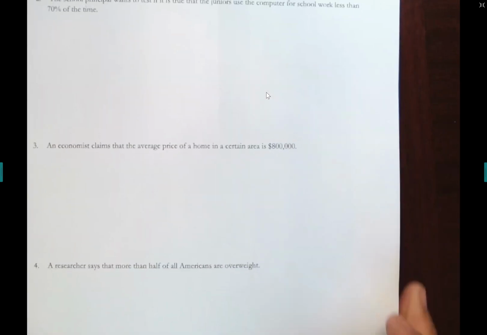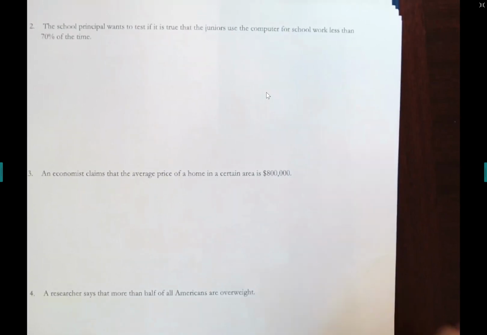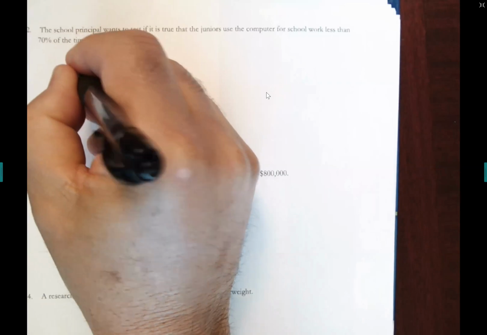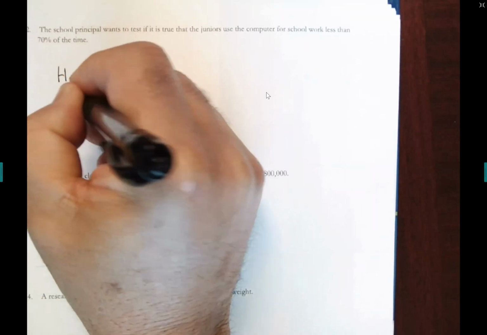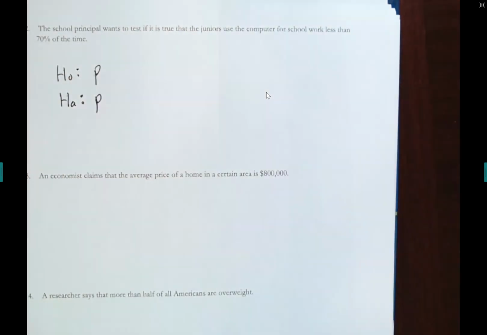There you go, number 2. The school principal wants to test if it is true that the juniors use the computers for schoolwork less than 70% of the time. So it's a percent, you put P to begin with.